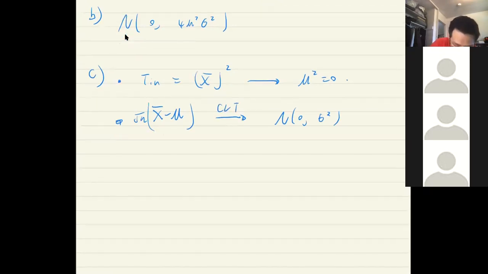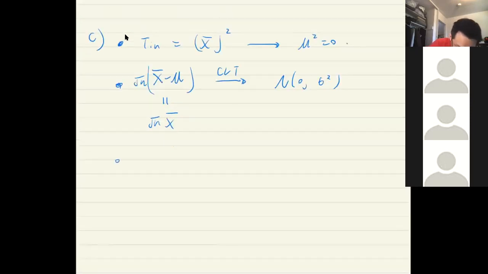Because mu is equal to 0, n times this will converge to sigma square chi square 1.